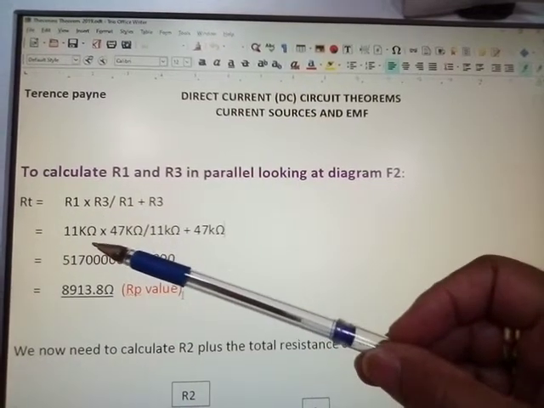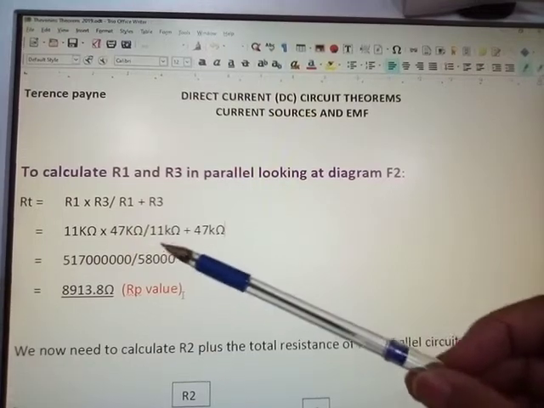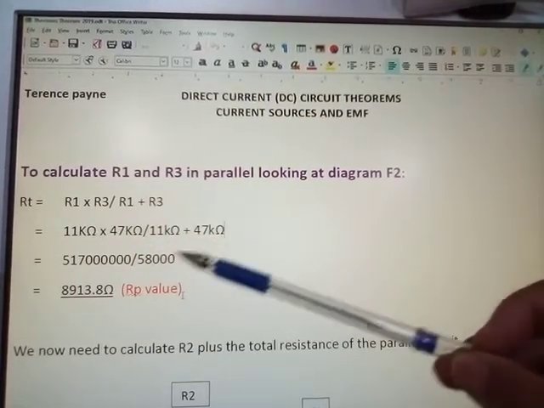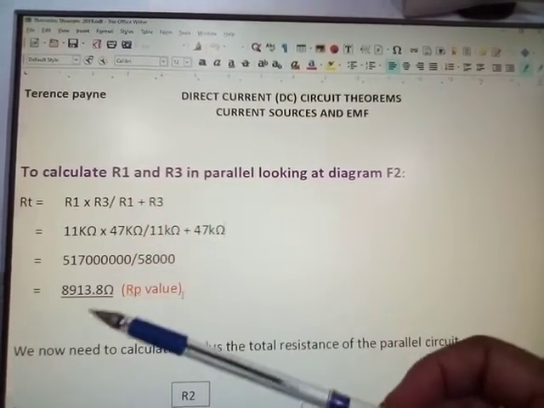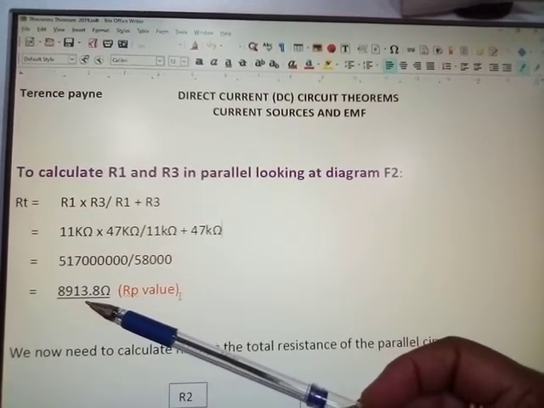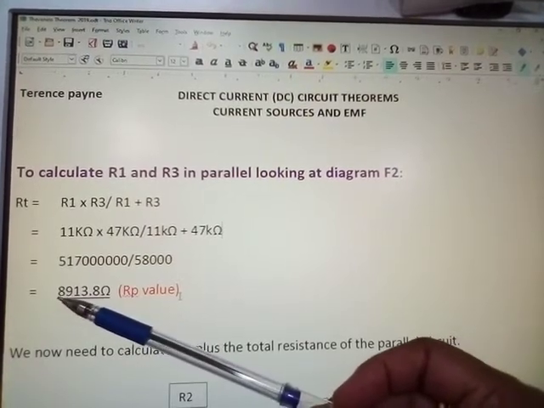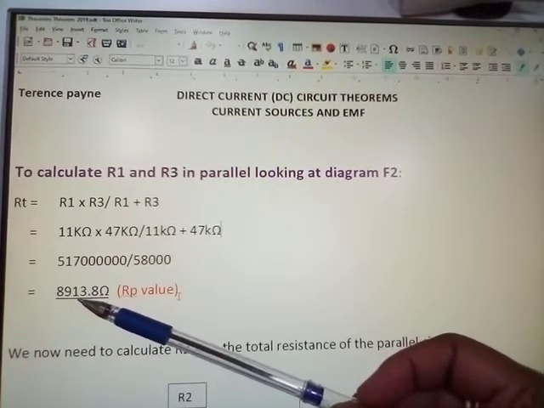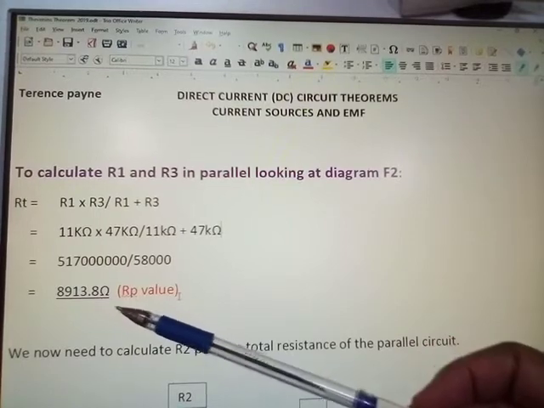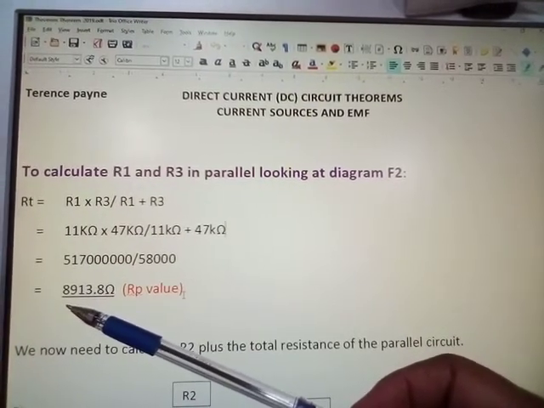Now, 11 kilo ohms times 47 kilo ohms over 11 kilo ohms plus 47 kilo ohms, and those are the figures that I have. This will give you 8,913.1 ohms. We need to convert that to kilo ohms, so you will divide that by 1,000.